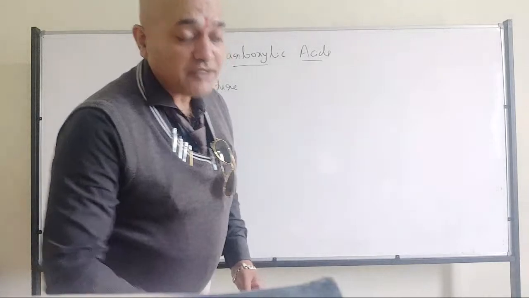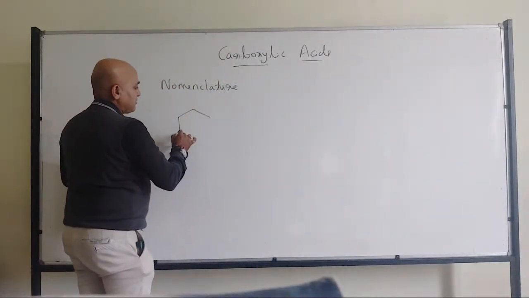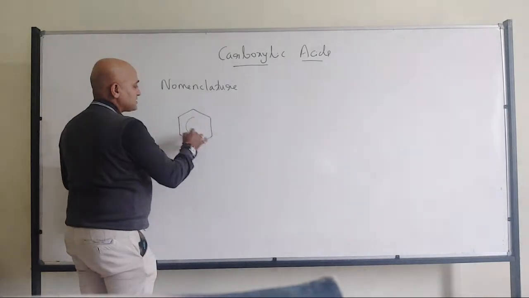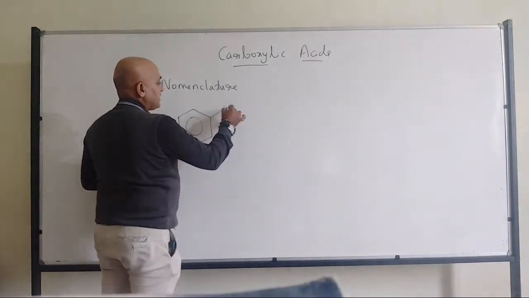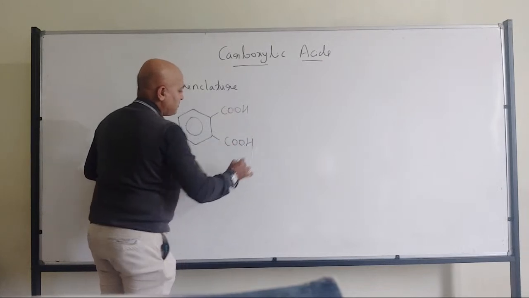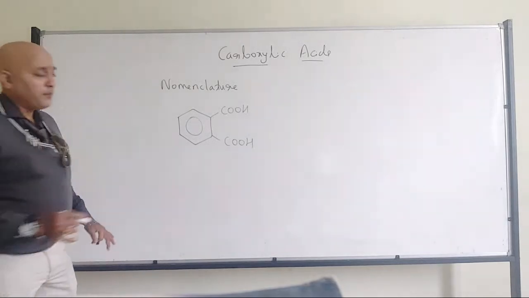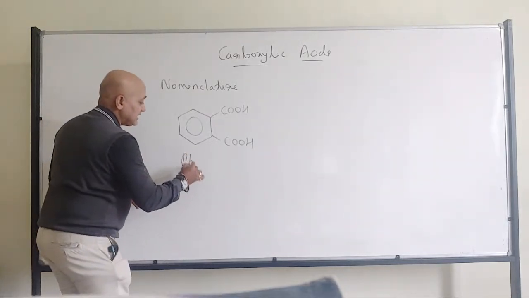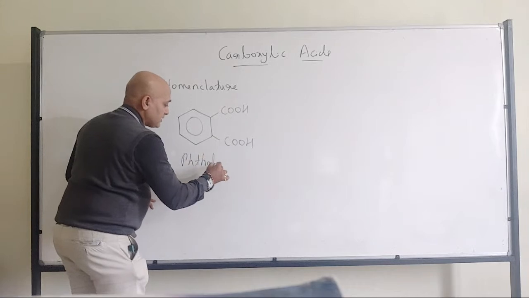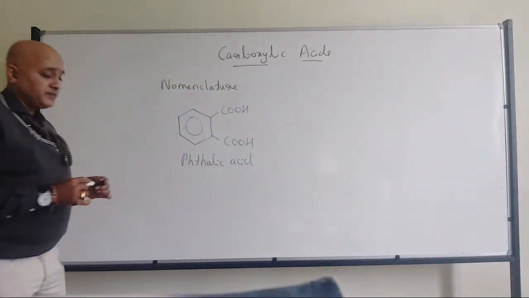So that's where we have another molecule, because you people have studied these things in another topic also. This is nothing but phthalic acid. The common name will be phthalic acid.